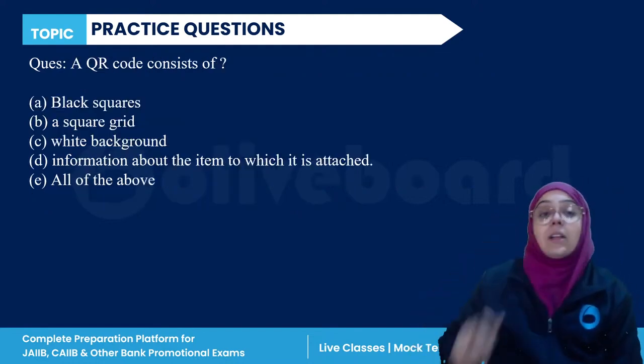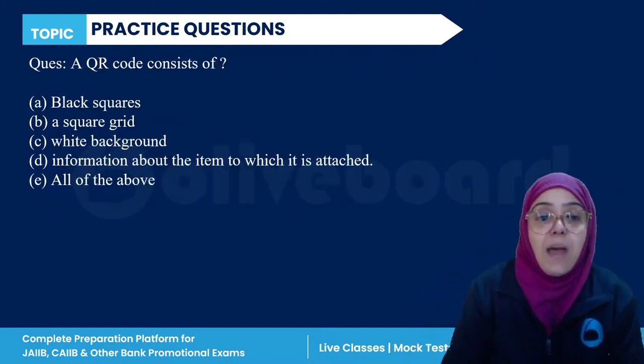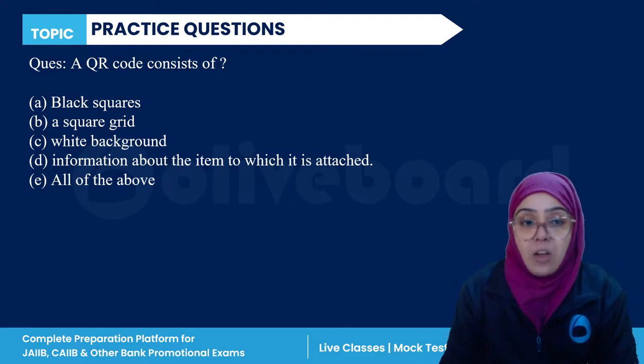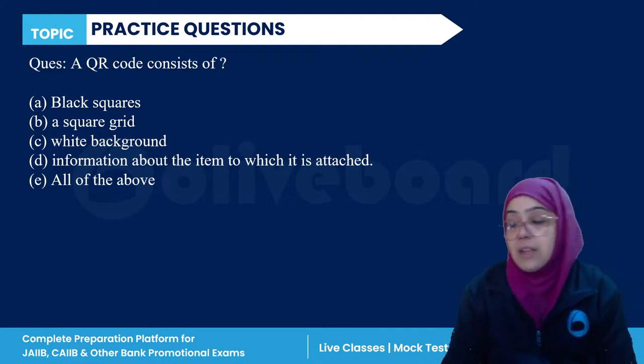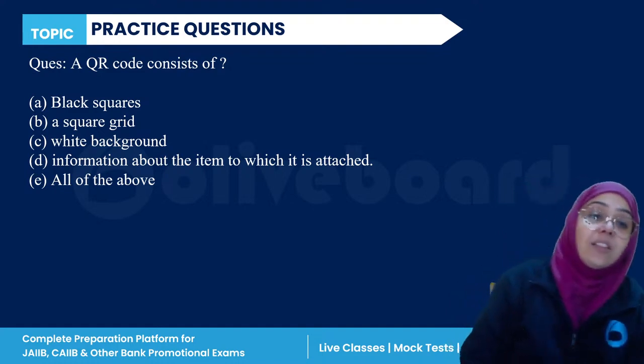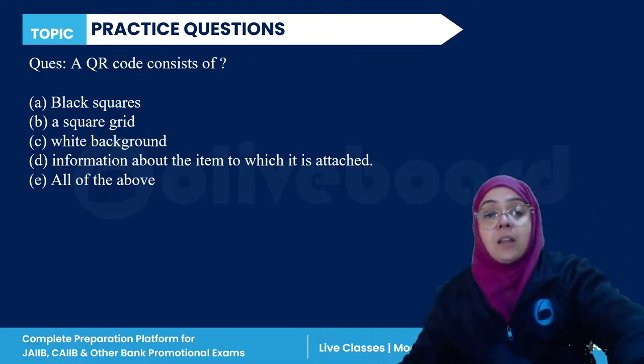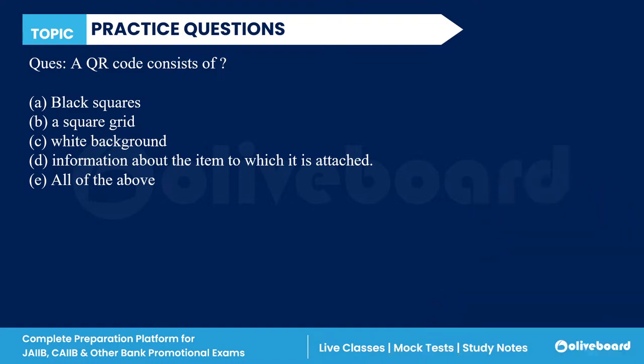Next, QR code consists of what? Black squares, a square grid, white background, information about the item attached to it, or all of the above. Very easy.